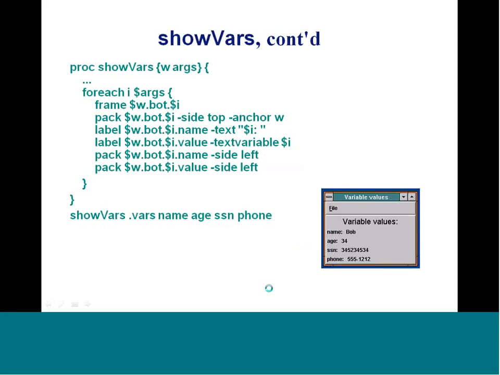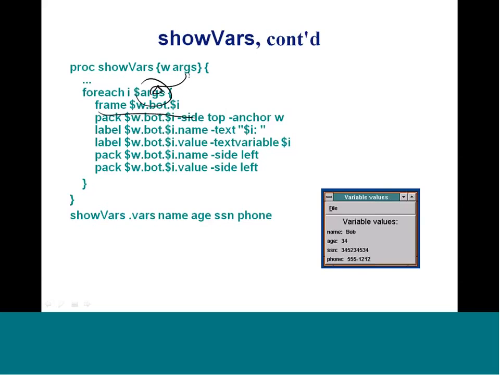Now the main thing is show vars, where we need to display the name, age, social security number, and telephone. For that we describe a few more things. When we read the args, this is where the args are coming in, and then we expand that. For each of those arguments we define the frame, which is the same as the argument.